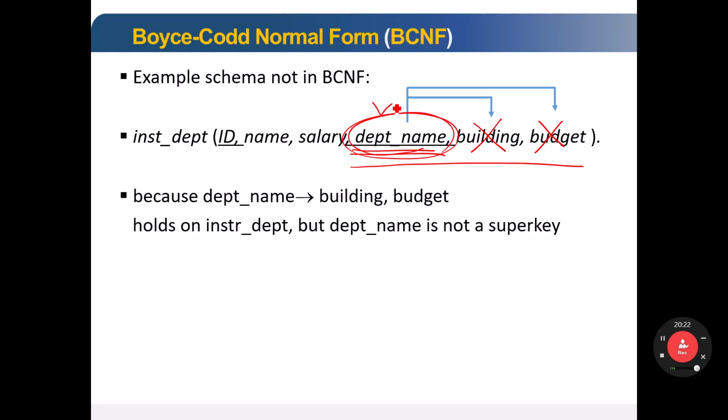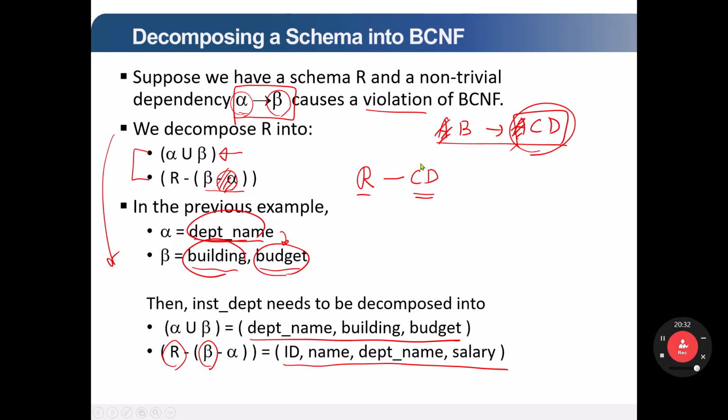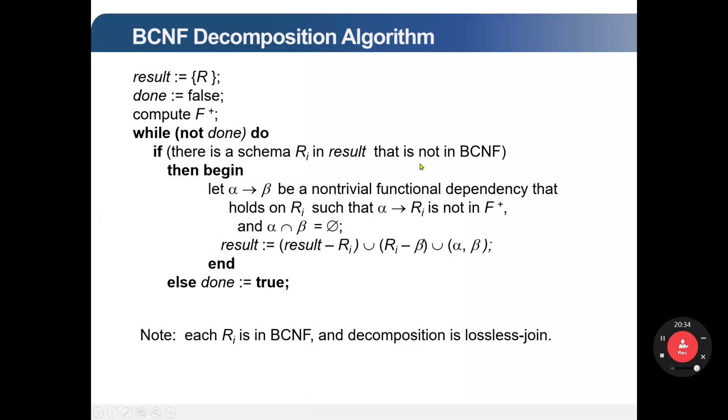And using this department name, we can join the two tables to restore this large table, right? That is how BCNF decomposition is done, and that algorithm is listed as pseudocode in the next slide.